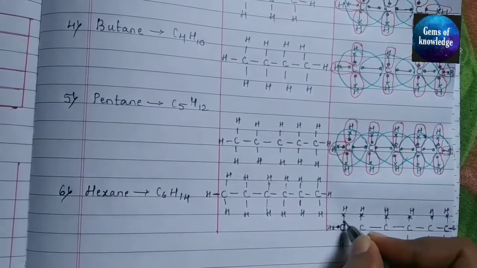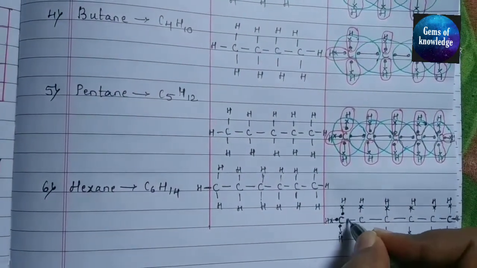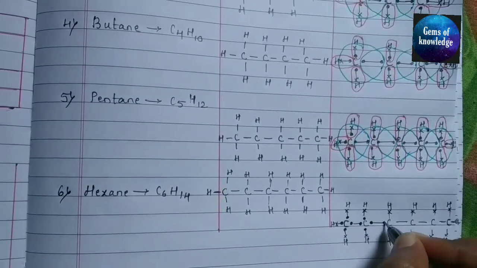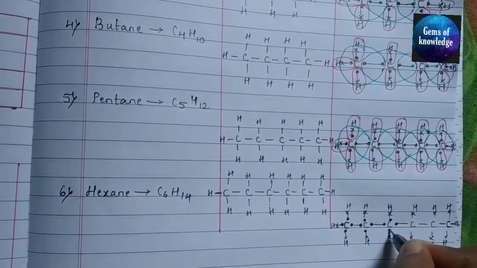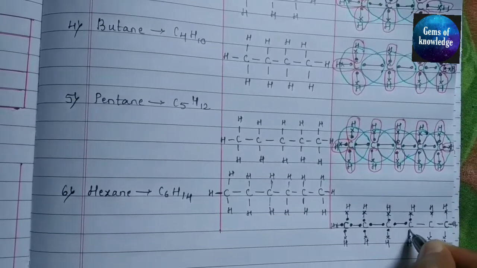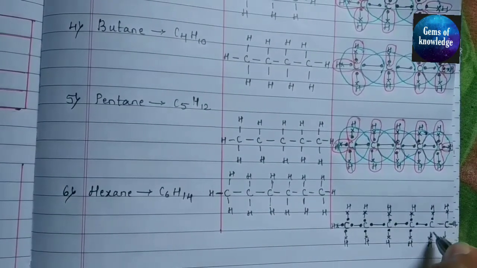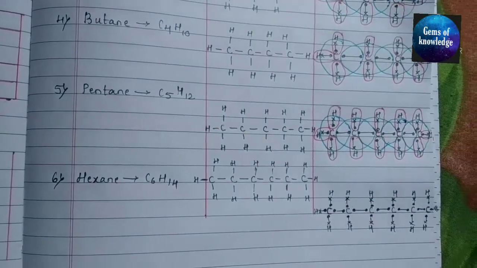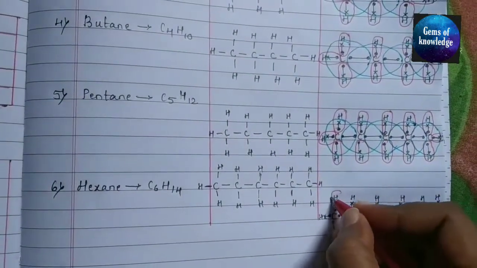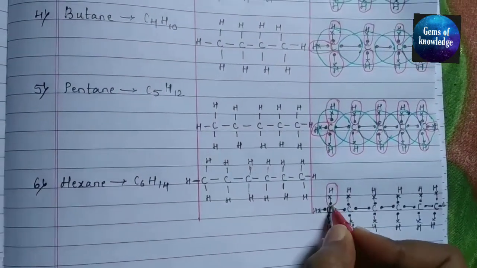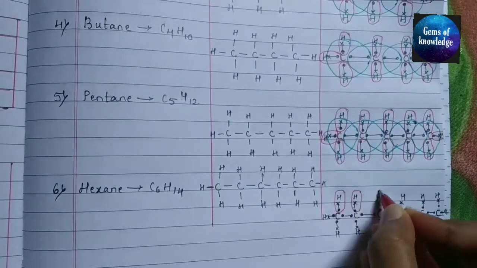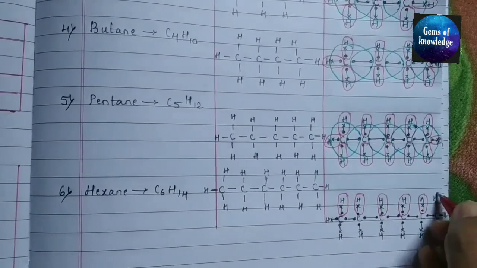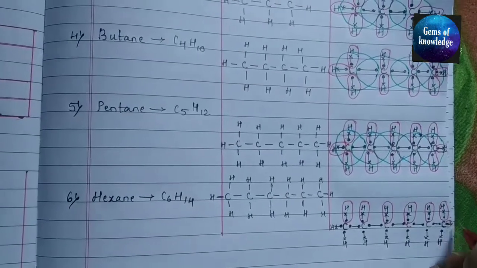And the carbon will be in the form of dots. Now the hydrogen will be formed by one X as well as one dot everywhere. Even this hydrogen.